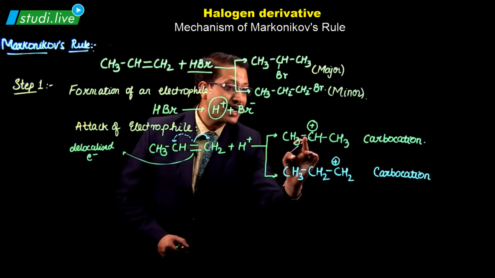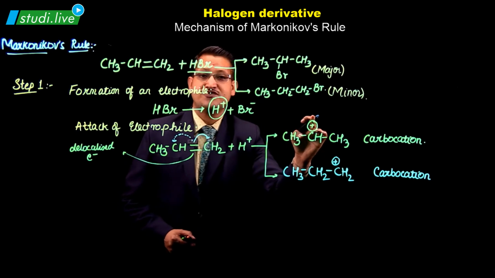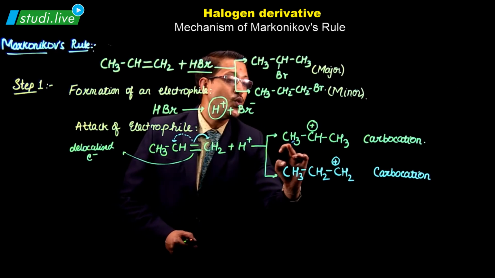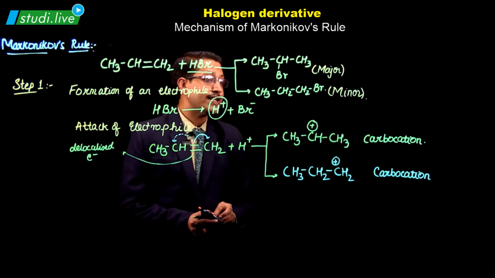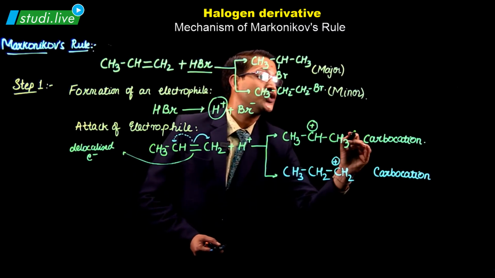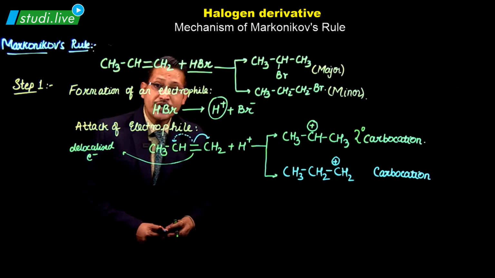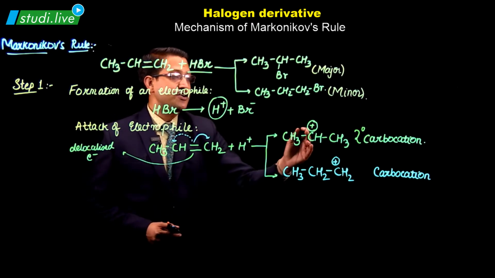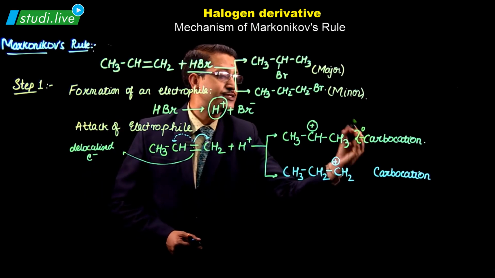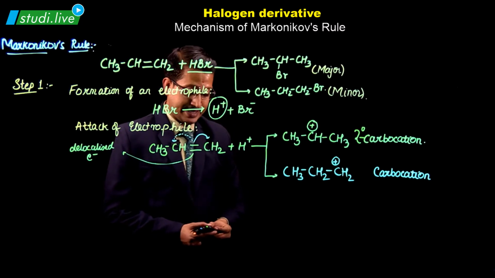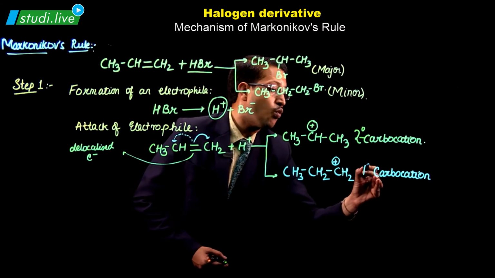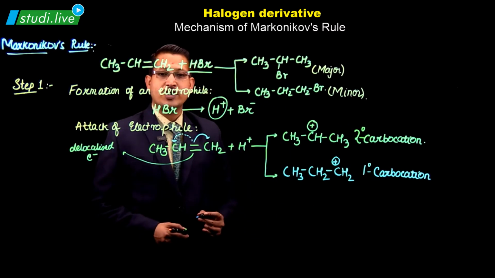So when I say carbon bearing a positive charge is attached to two other carbon atoms, then it is called a 2-degree carbocation, or you can call it a secondary carbocation. So this is secondary carbocation formation taking place. And here in the other example, you have 1 degree or primary carbocation.